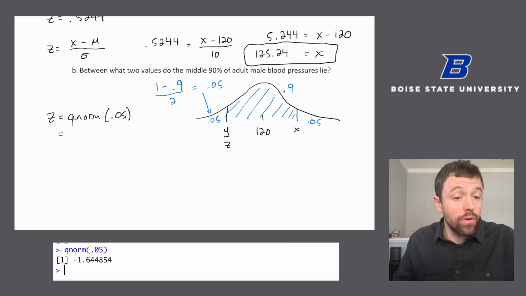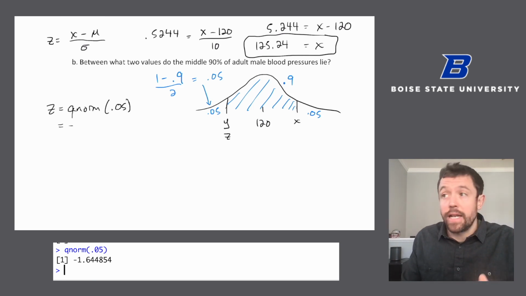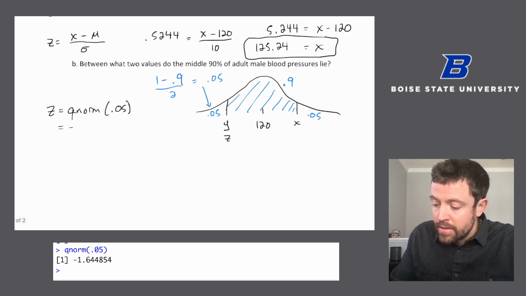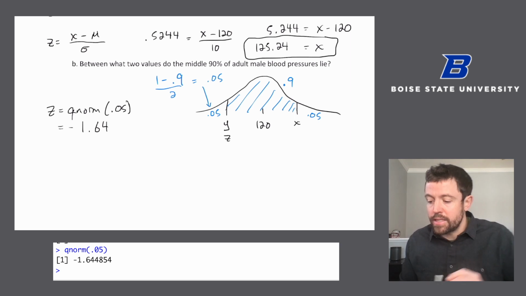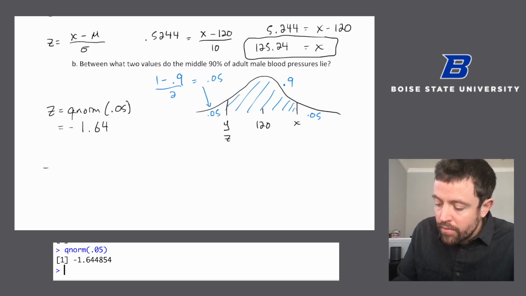So I got a negative z-score, which is good, right? It's a z-score that's certainly less than average, and so that makes sense. So it's minus 1.64. So that's the z-score for y. And so now I can solve for y.